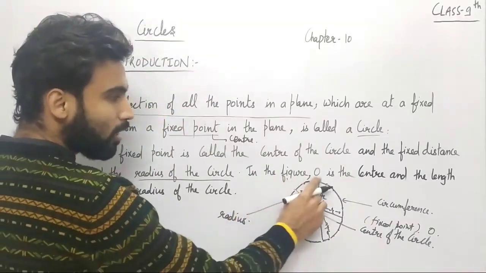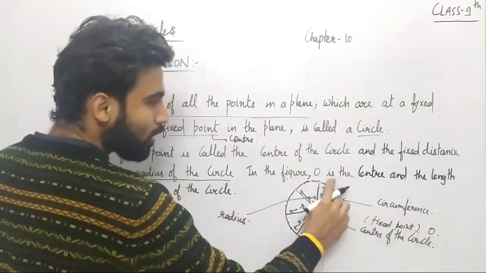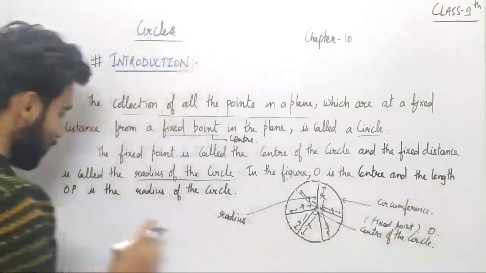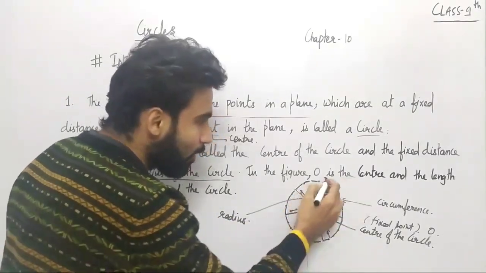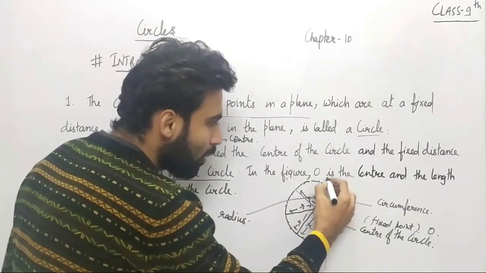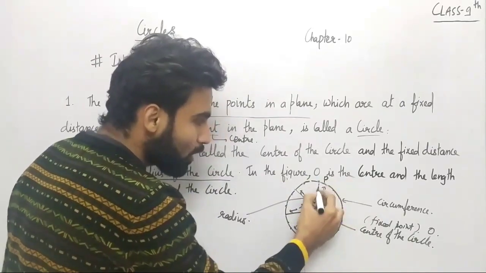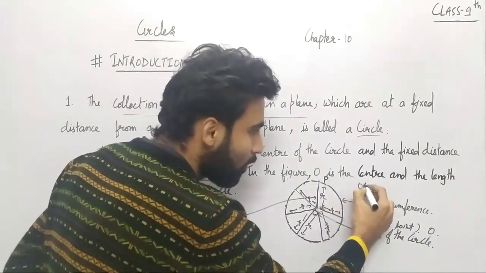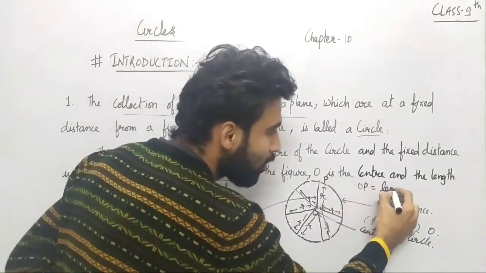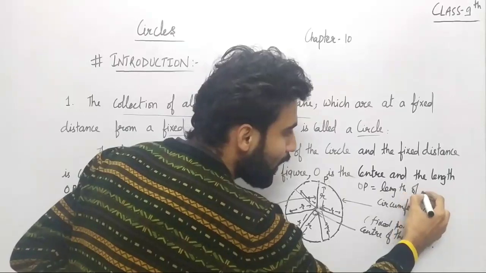Then you can see in this figure I have already told you that O is the center and the length OP. Let me just take this point as P, right? So let me just write it a bit bigger. So now you can see this OP length is the radius of the circle, right? So this OP length of radius, right?